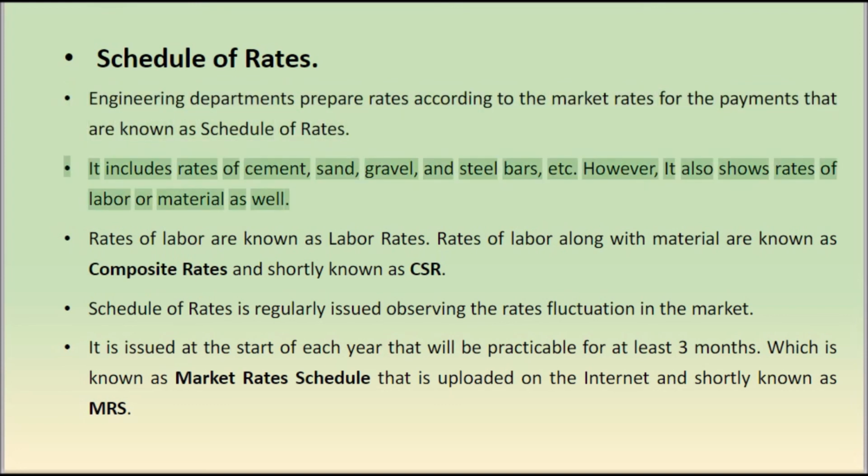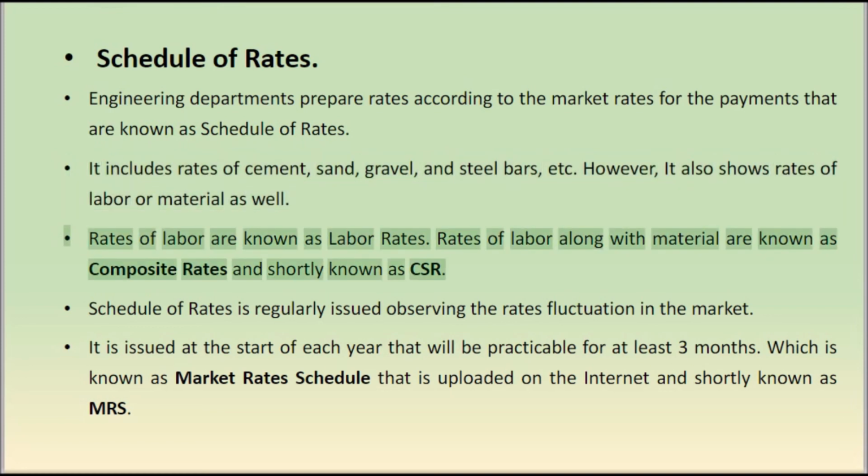It includes rates of cement, sand, gravel, and steel bars, etc. However, it also shows rates of labor or material as well. Rates of labor are known as labor rates. Rates of labor along with material are known as composite rates and shortly known as CSR.